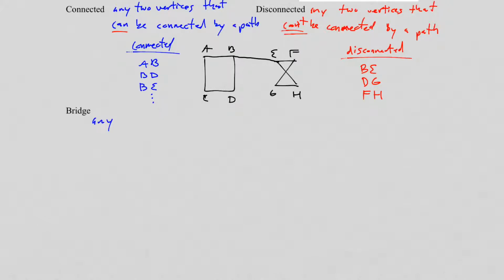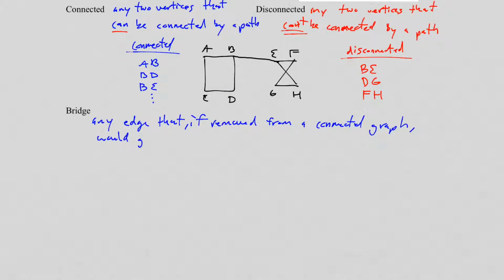So basically any edge that, if removed from a connected graph, would create a disconnected graph.